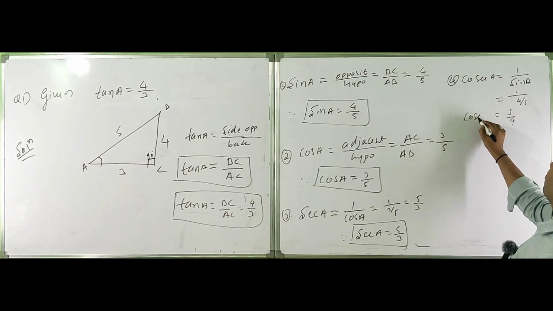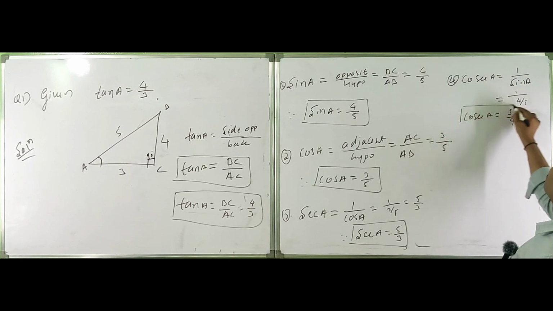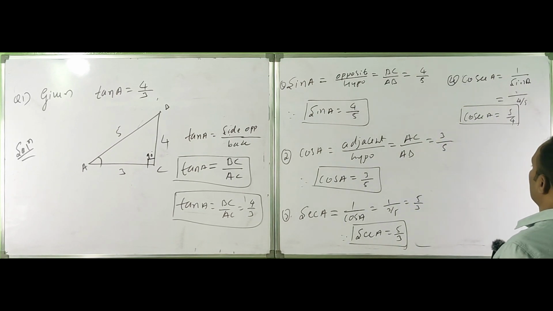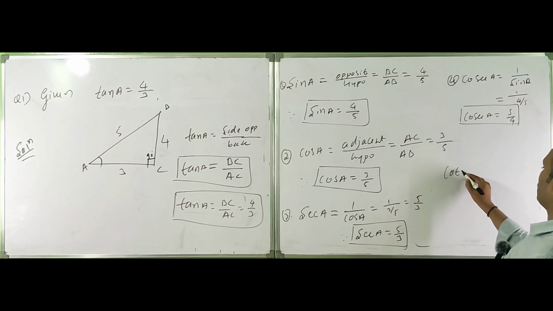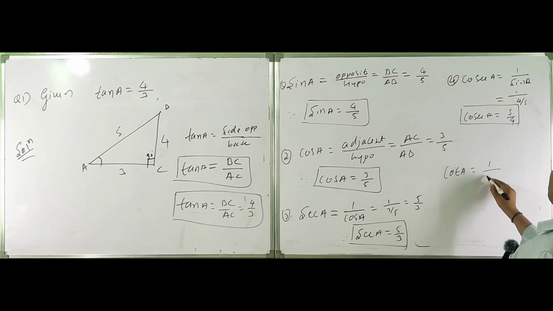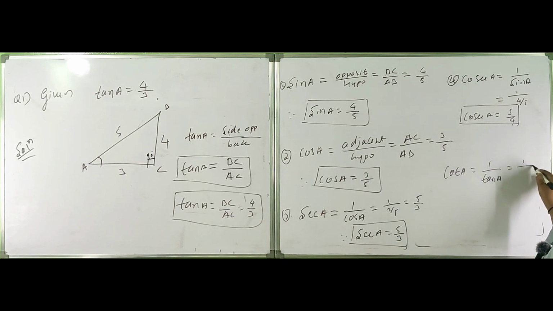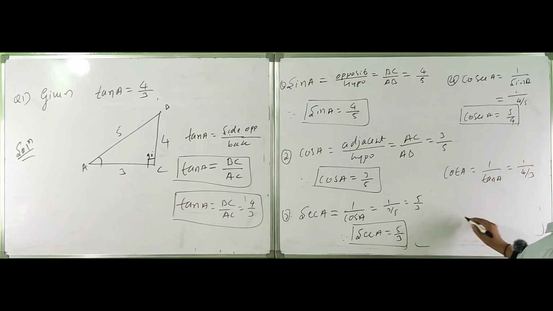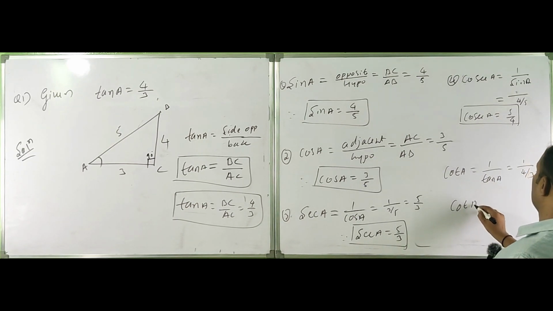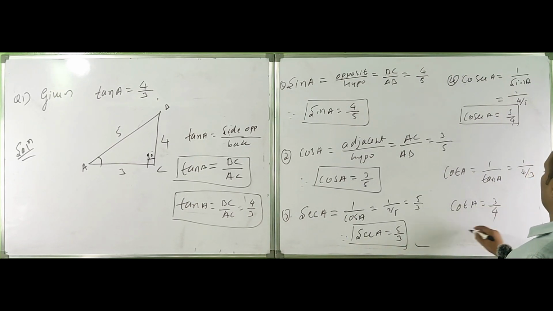Therefore, cosec A is 5 by 4. Last one is cot A, which is 1 by tan A. Tan A is already given, 1 by 4 by 3. Therefore, cot A is equal to 3 by 4.